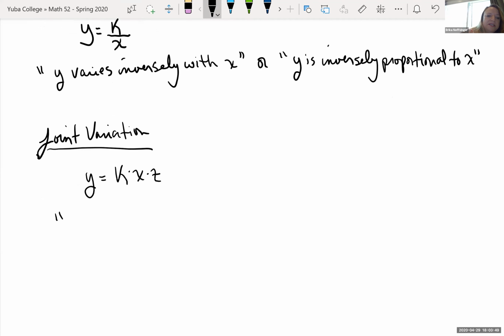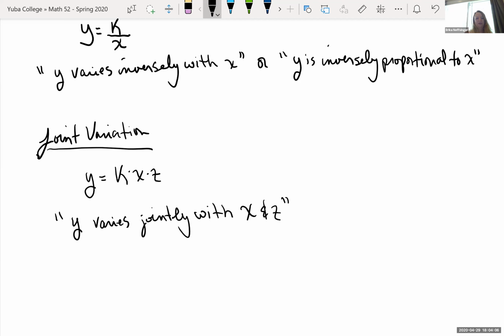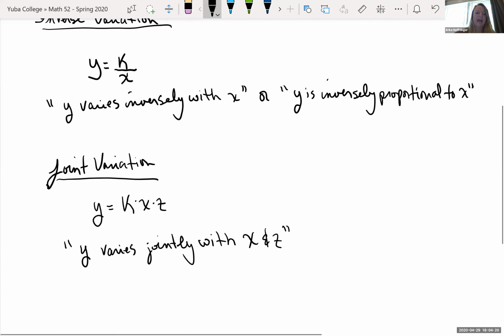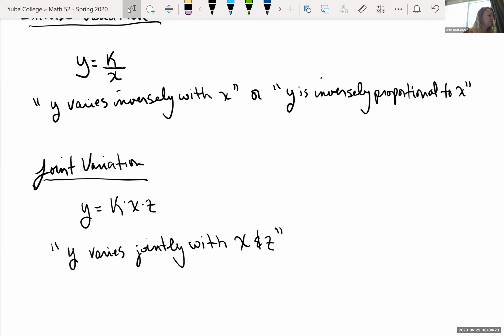So in this case, we would say y varies jointly with x and z, or varies jointly proportional with x and z. Okay, so those are just key phrases on how we're going to set up these problems.